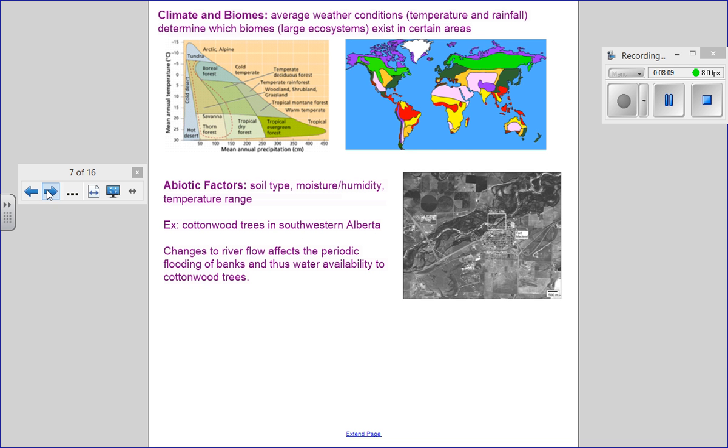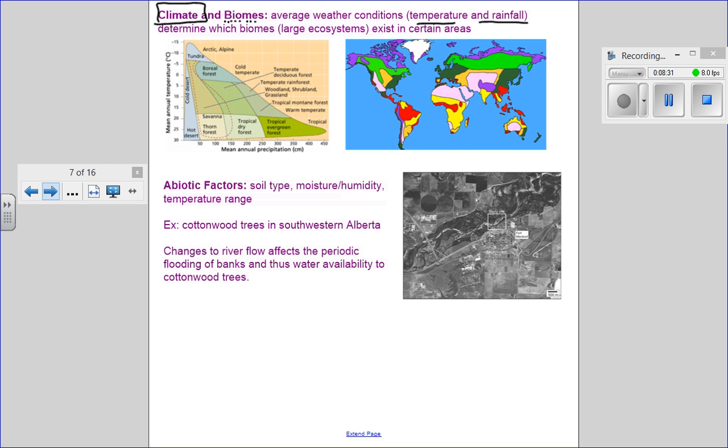Climate and biomes are limiting factors. Climate in particular, where we're talking about average temperature and rainfall. Now, if you remember learning in Science 10, you would have discussed biomes that exist: tropical forest, tundra, taiga.